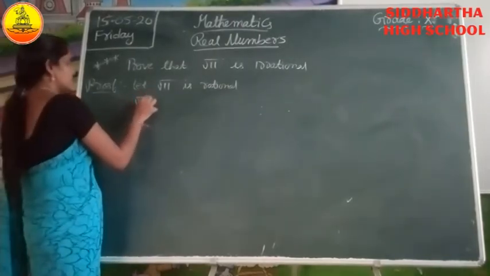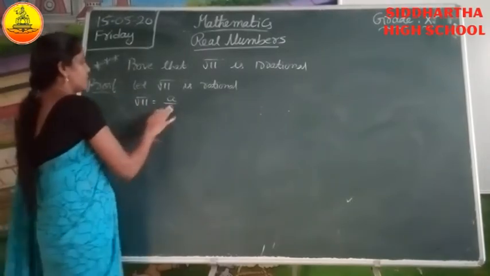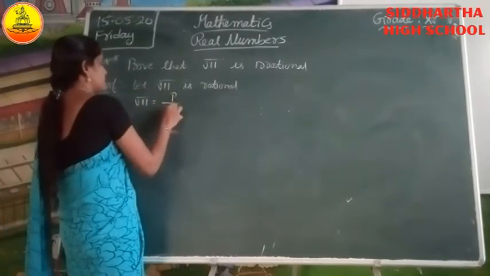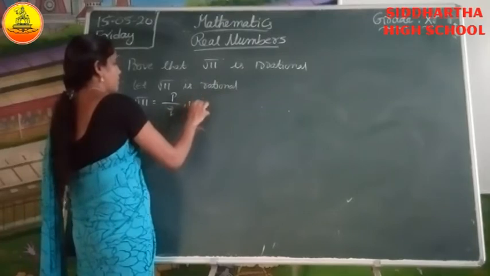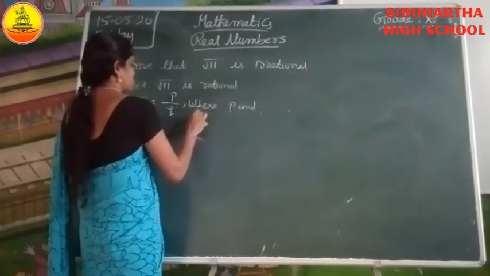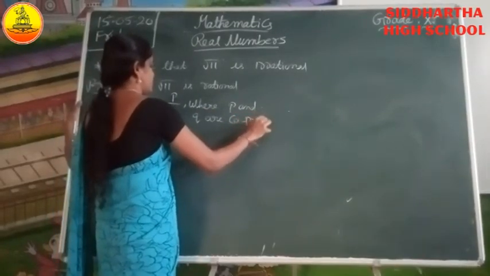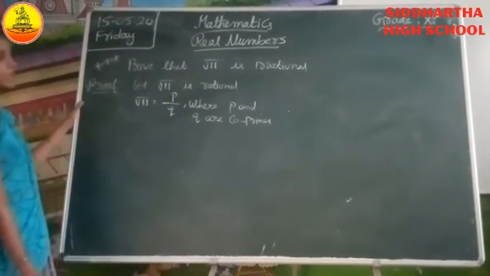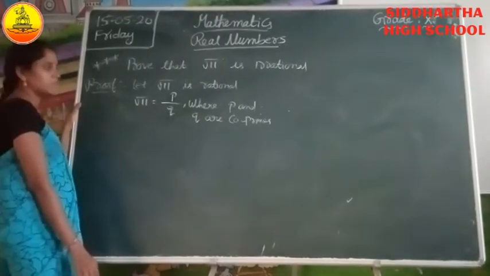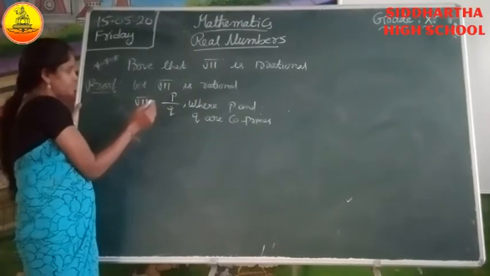Then root 11 is equal to a by b. Otherwise you can write p by q. It is in the form of P by Q, where P and Q are co-primes. Already I told you, co-primes means that they should not have any common factor other than 1.